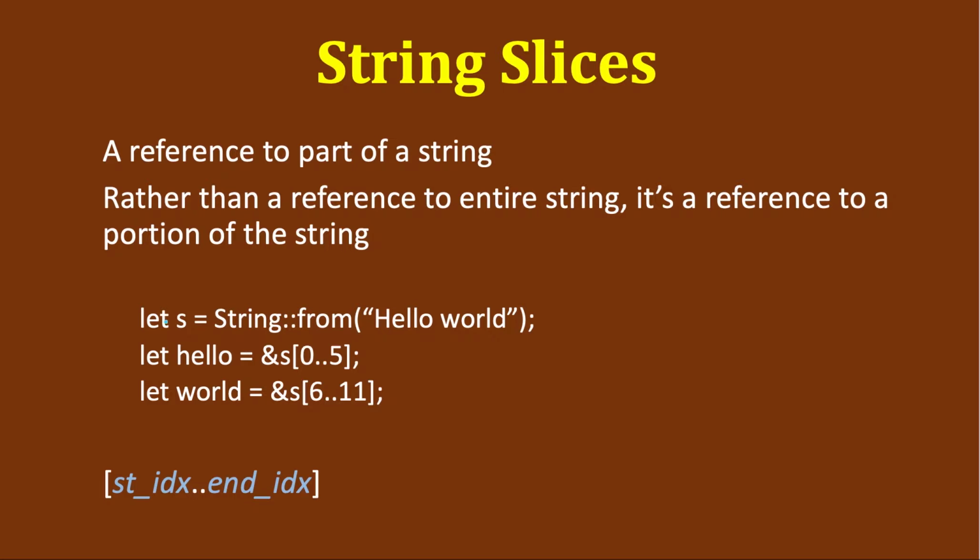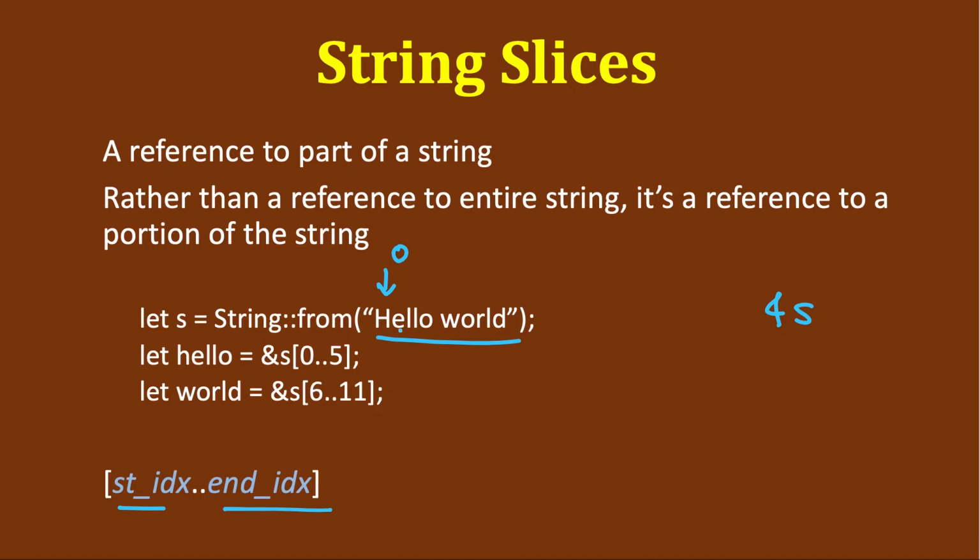For example, we have a string "hello world", and here "hello", and then simply writing this would mean a reference to this. But then we have added two more things, start index and end index, and two periods in between them. So here 0 to 5 means the first index of that slice is 0, and 5 is one more than the last index.